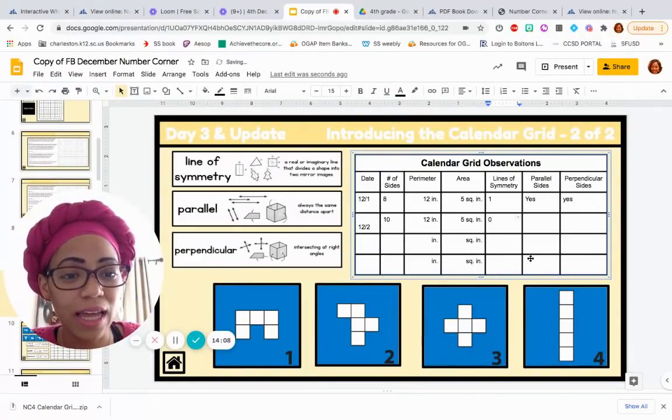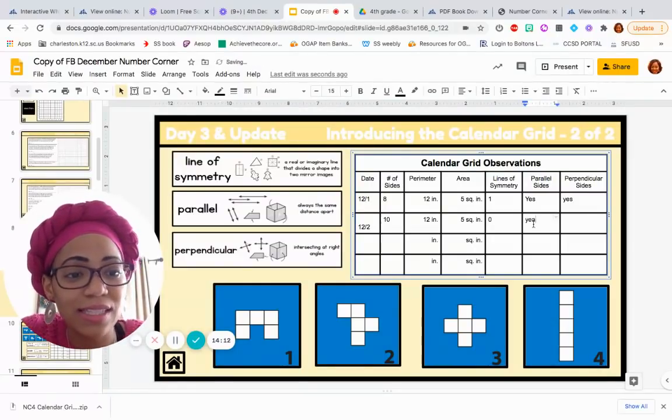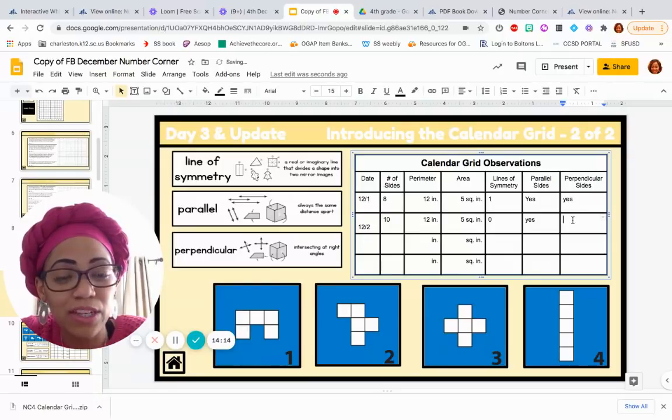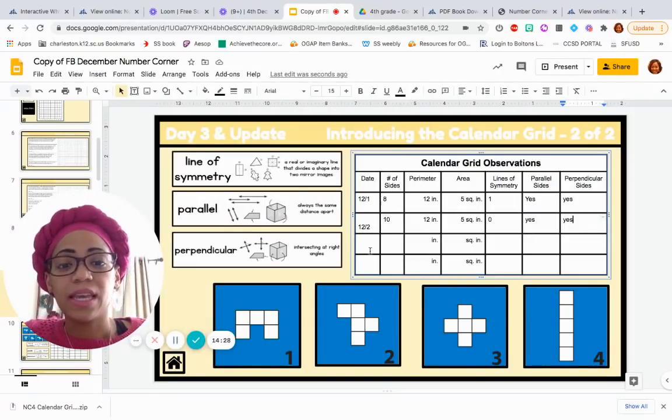No, it does not. But does it have some parallel sides? Yes, it does. Does it have perpendicular sides? Absolutely. Yes, it does. And we remember, and we can see here what it means to have a perpendicular side, what it means to be parallel, and also what line of symmetry is.